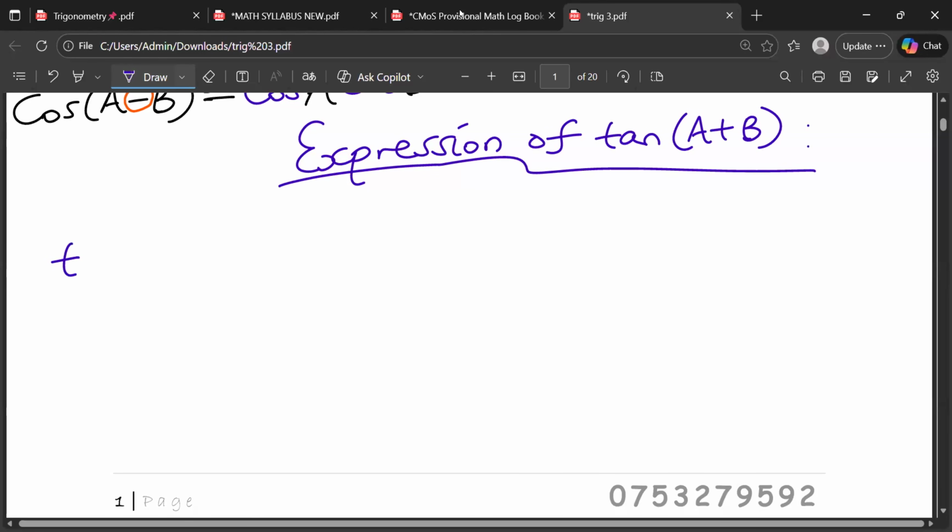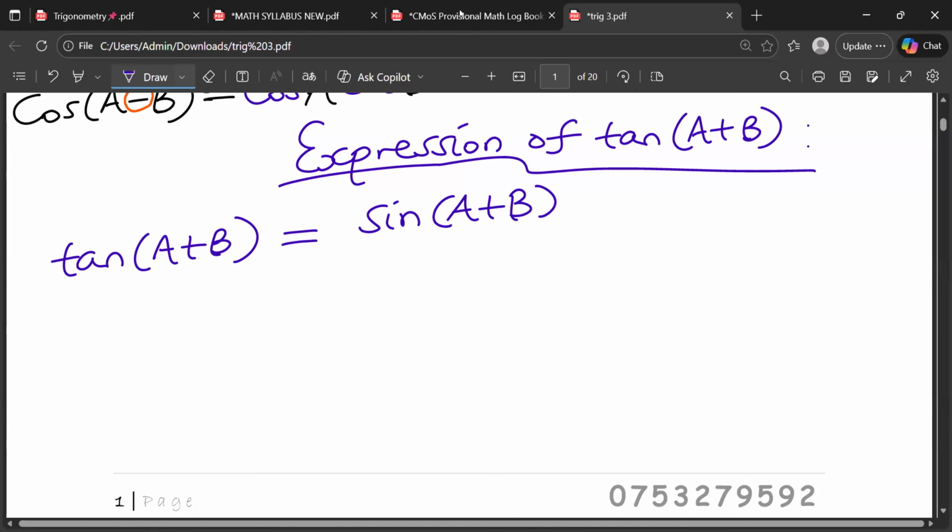Okay, so we go. You all know that tan alone is sine over cos of that same angle. So we are maintaining the angle.